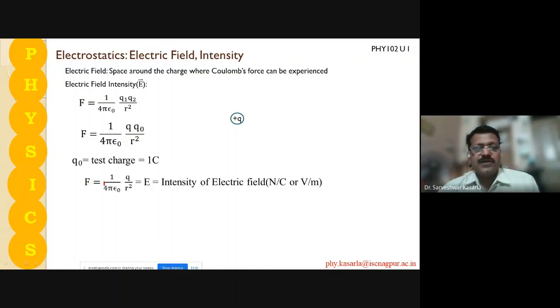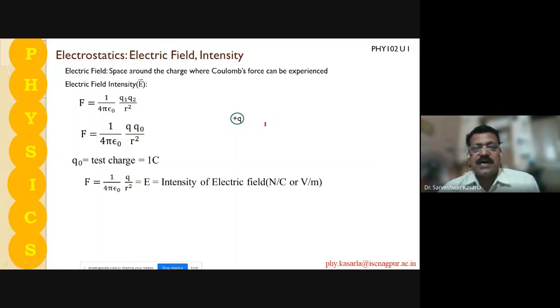So force will be equal to 1 upon 4 pi epsilon 0 q upon r square, because q0 is equal to 1, and this force experienced by 1 coulomb charge is nothing but the intensity of electric field at distance r.